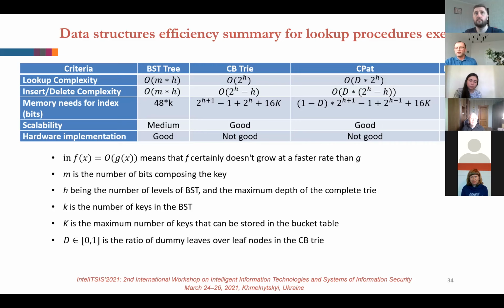Finally, despite the fact that tries operate on bits instead of bit strings, we consider them the most inappropriate for hardware implementation among the presented approaches, since the algorithms that operate on them are quite complicated for resource-limited embedded devices.